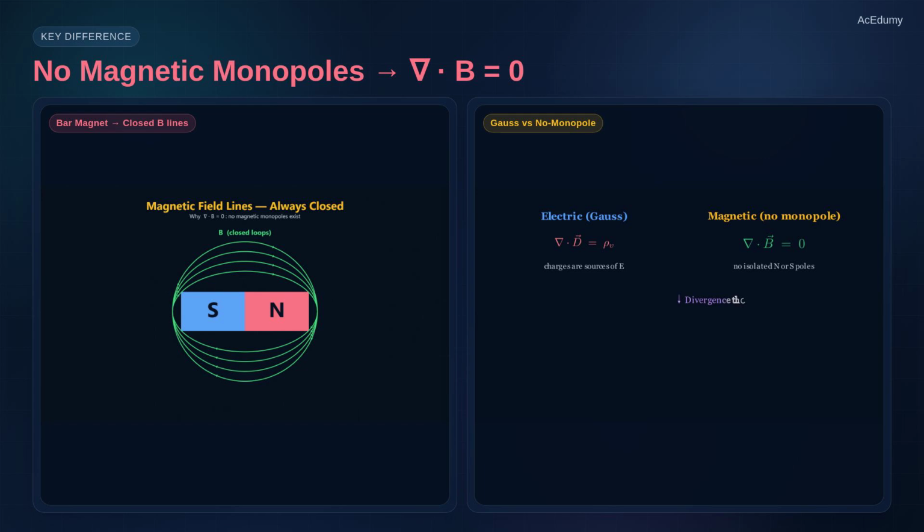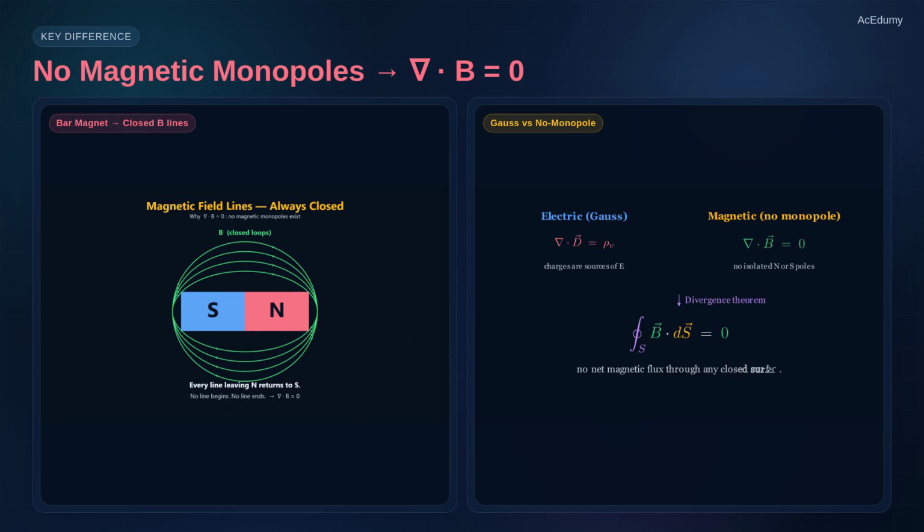What does that mean physically? It means there are no magnetic monopoles, no isolated north or south pole. If you take a bar magnet and cut it in half, you don't get a loose north pole and a loose south pole. You get two smaller magnets, each with both poles. The field lines of B always form closed loops.